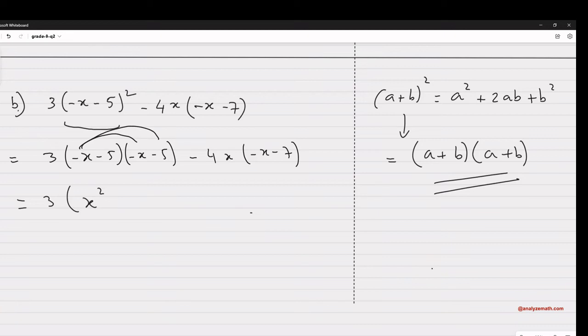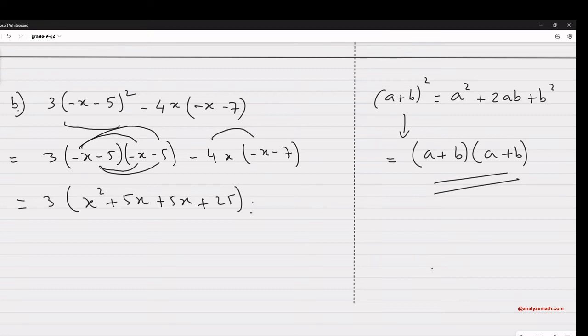Negative x by negative 5x, that gives me plus 5x. Negative 5 by negative x, that gives me plus 5x. And then negative 5 by negative 5, that gives me 25. Now let's distribute here.